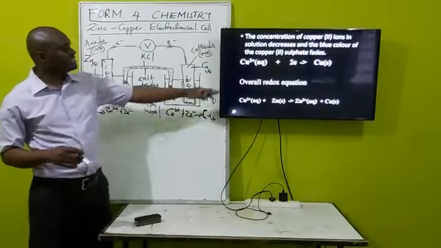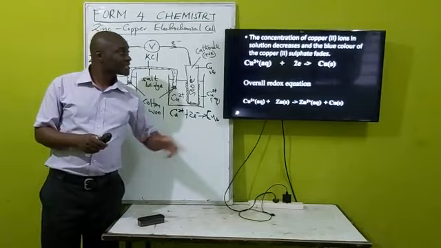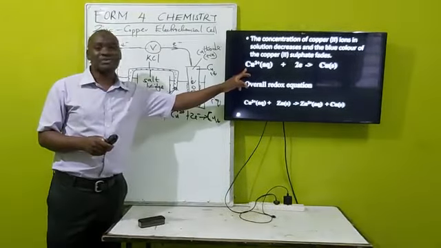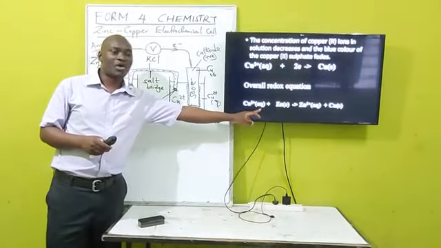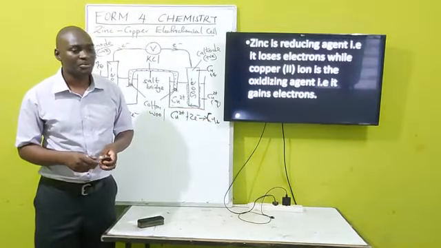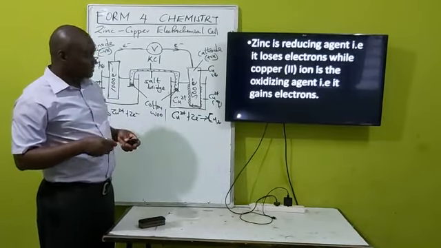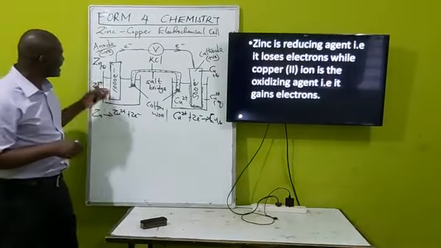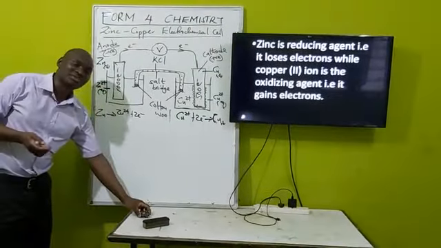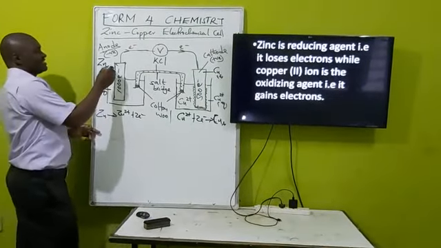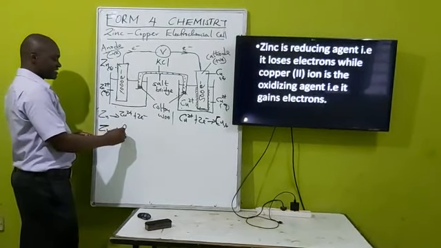And this is the copper electrode half equation. Then we have the overall equation. We looked at that. So, if zinc is the one that loses electrons, zinc here becomes the reducing agent.